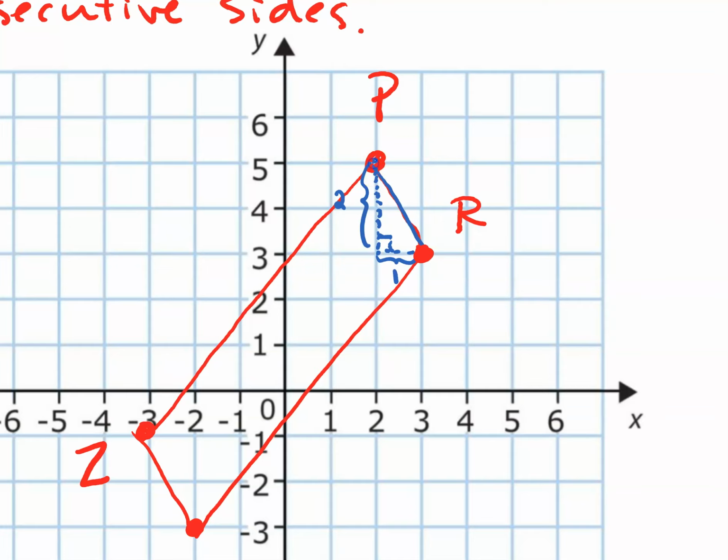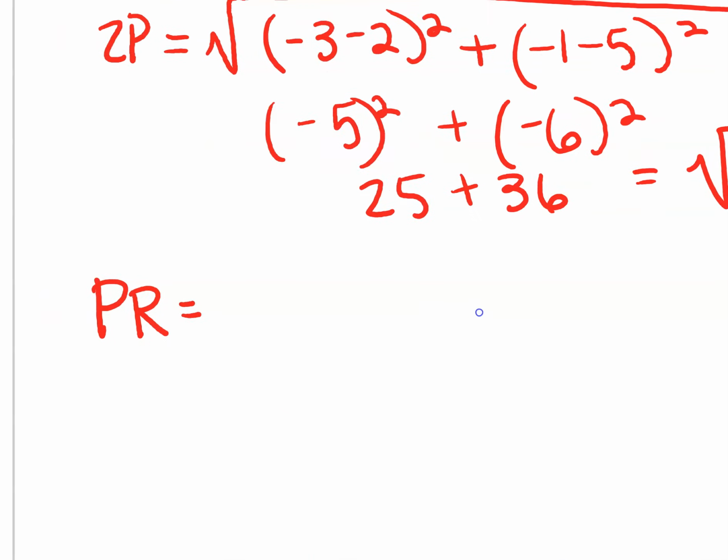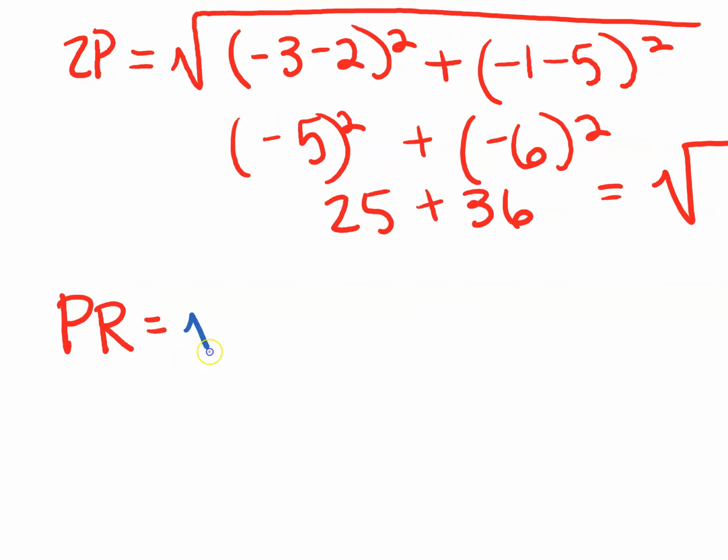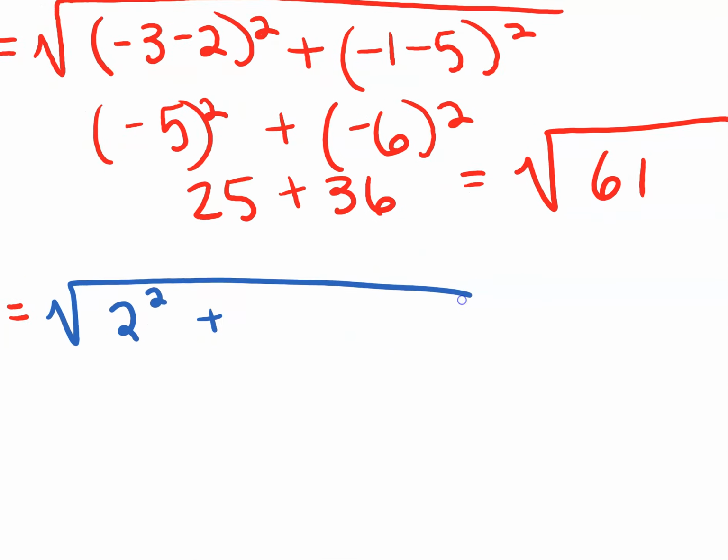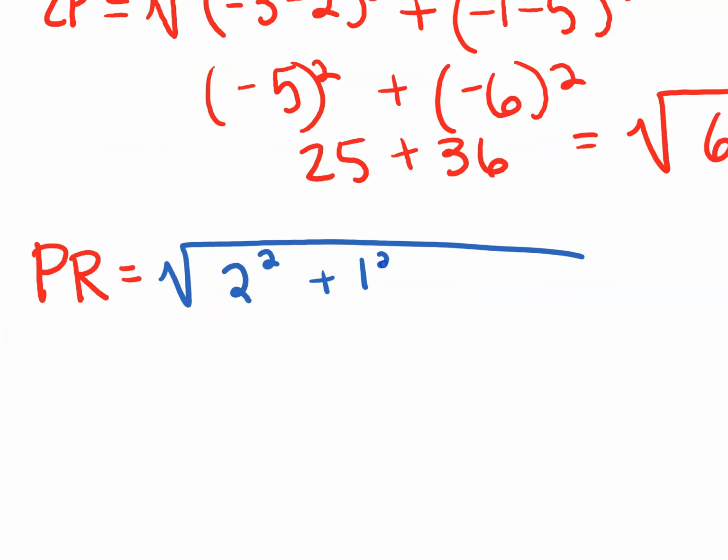I have to go from here to here, I've got to go down 2. That's a distance of 2, squared. Now I've got to get over 1, and that's a distance of 1, 1 squared.